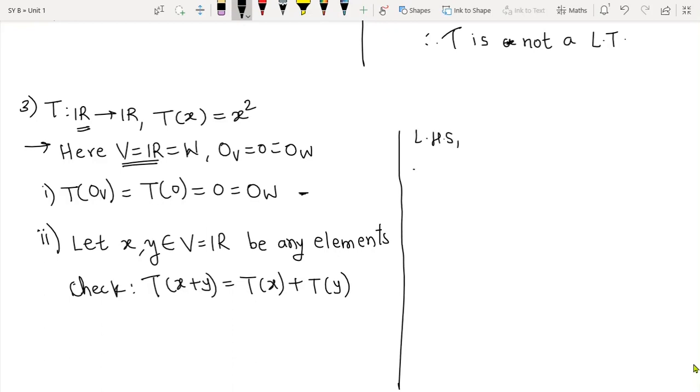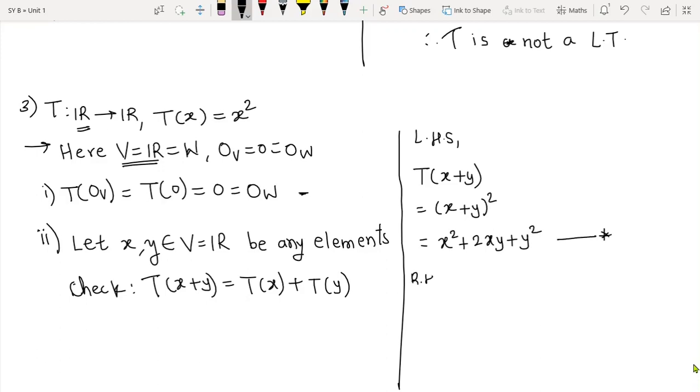So LHS is T of x plus y, which is further equal to, see, T of x is x square, so T of x plus y will be (x plus y) square, and this will be equal to x square plus 2xy plus y square. Now this is about our LHS.